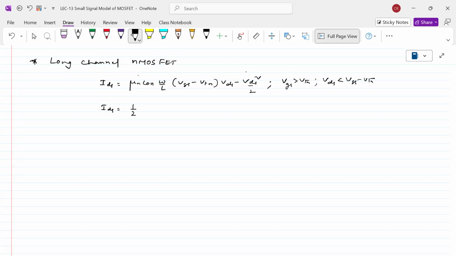At a certain voltage, the MOSFET enters into saturation, which means it's independent of VDS changes. In this case, we have derived it as (VGS minus VTn) whole square, provided that VGS is greater than or equal to VTH, and VDS is greater than or equal to VGS minus VTH.